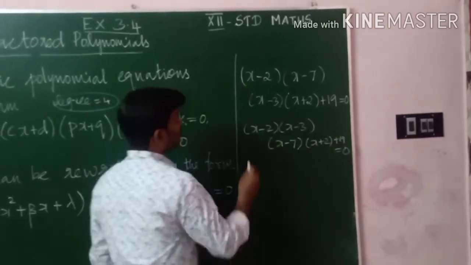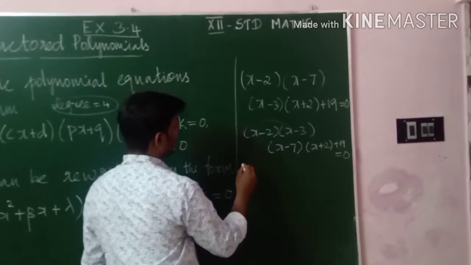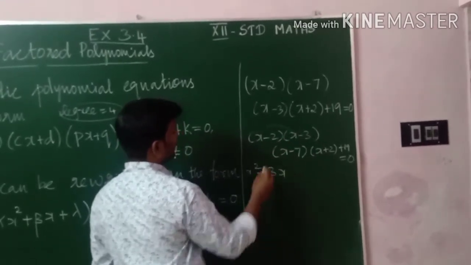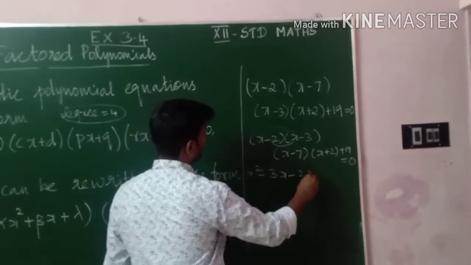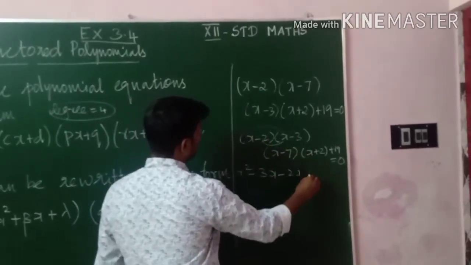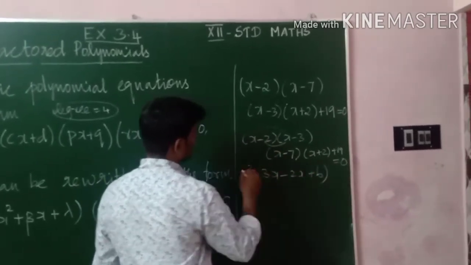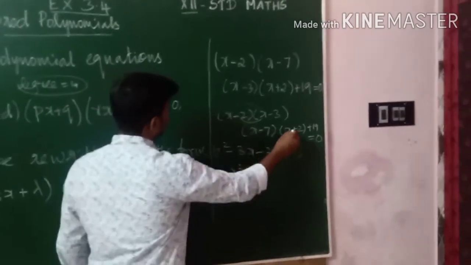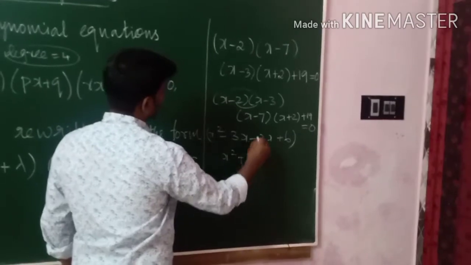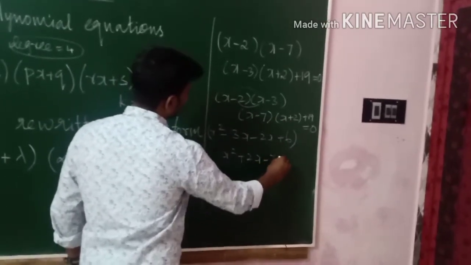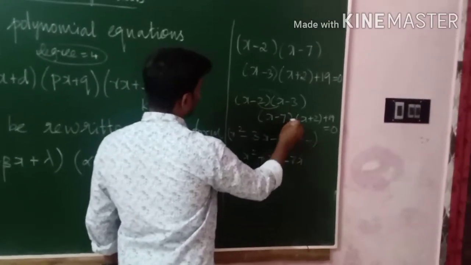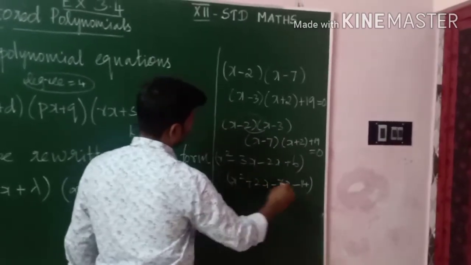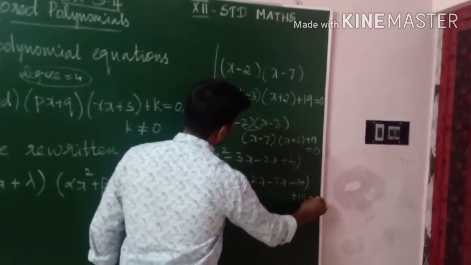= 0. So take these two: x into x, x²; x into −3, −3x; −2 into x, −2x; minus into minus, plus, 2 threes are 6. And next, x into x, x²; x into 2, 2x; −7 into x, −7x; minus into plus, minus, 7 twos are 14, plus 19 equal to 0.